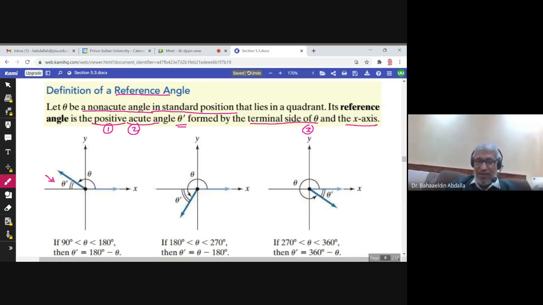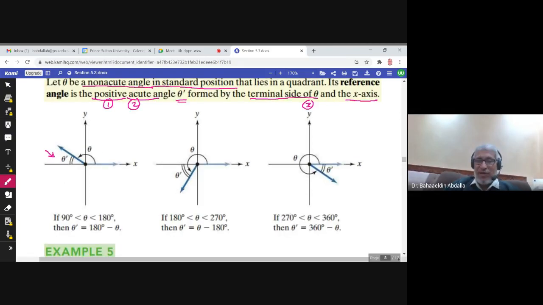Is it positive? Yes, it is in the positive direction. Is it acute? Yes, this angle is less than 90. It is between the terminal side and the x-axis. Theta itself is between the terminal side and the positive x-axis, but it is not acute. So theta prime here is the reference angle.